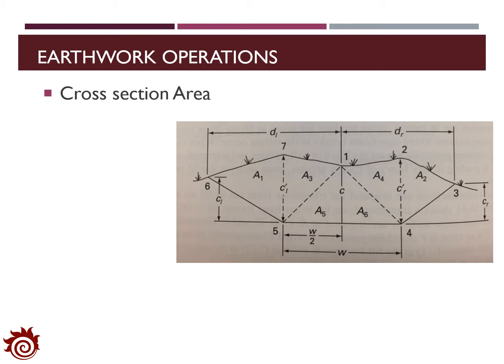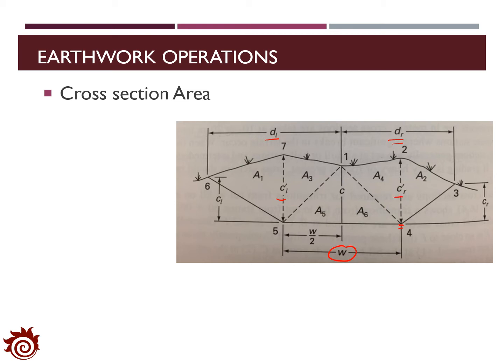The width of the pavement is set as W, and we know the horizontal distance from the left end to the middle point as dl, and the horizontal distance from the middle point to the right end as dr. We also measure the depth from the natural ground to the left corner of the pavement surface, which is CL, and the depth of the natural ground to the right corner of the pavement as CR.